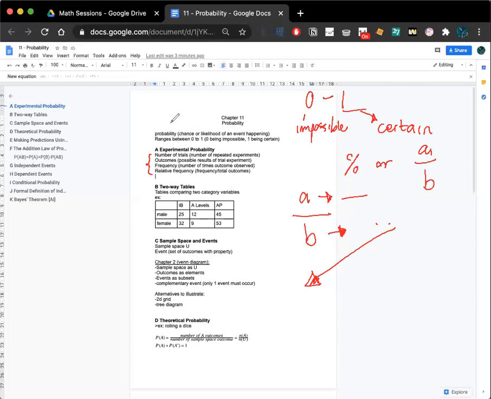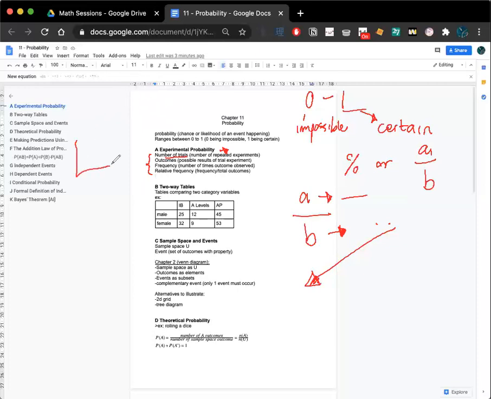In experimental probability, or probability in relation to experiments, like scientific experiments, there are several terms that you need to be familiar with at least. The first would be number of trials. Number of trials is the number of repeated experiments.